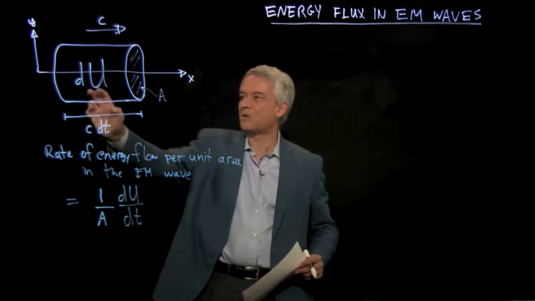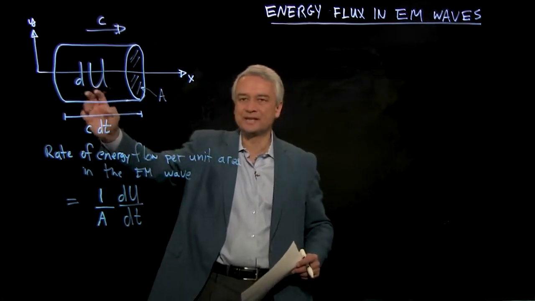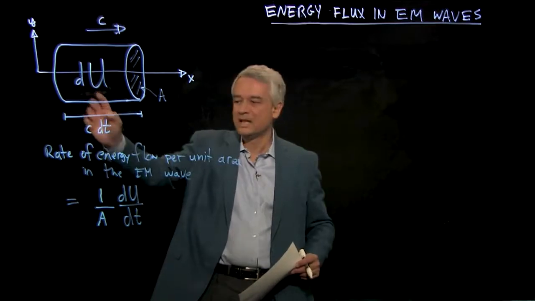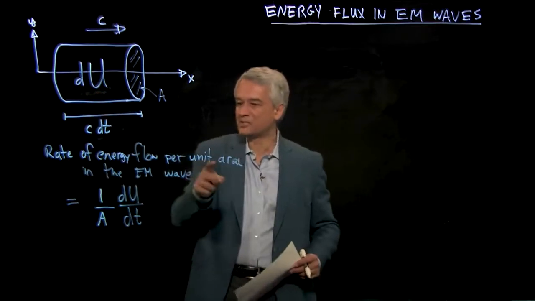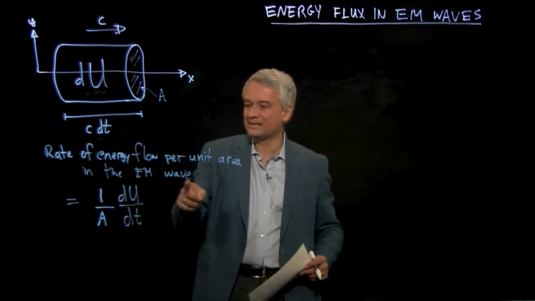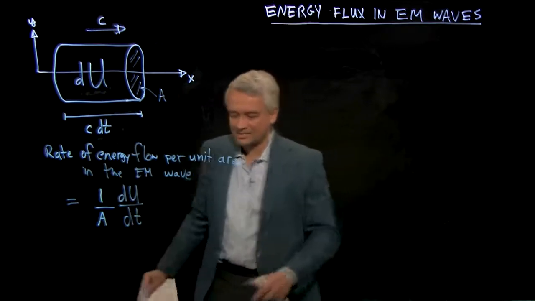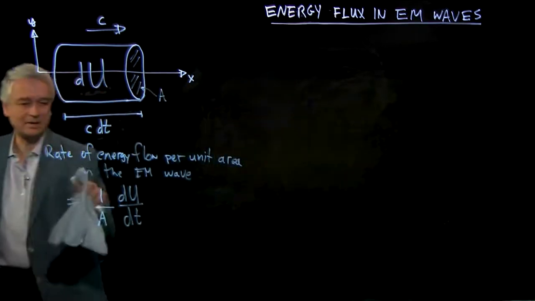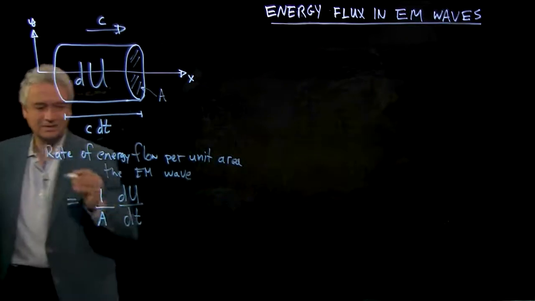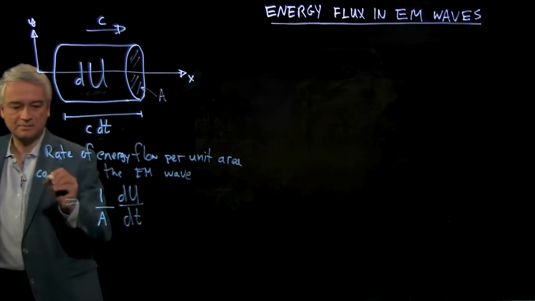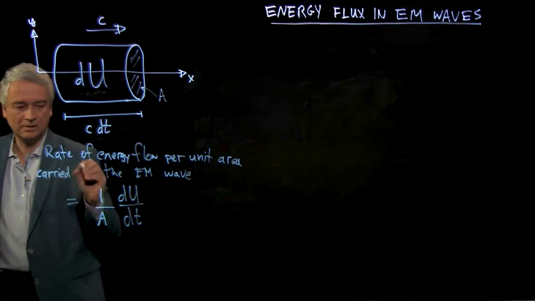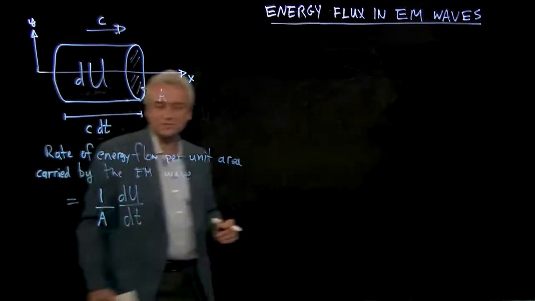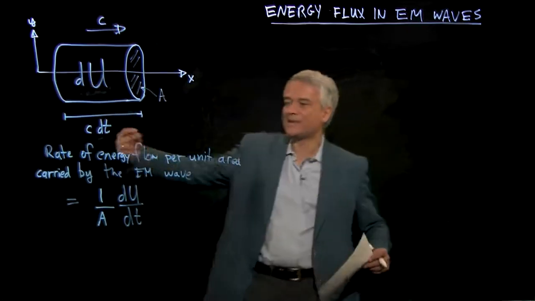So I need to figure out what this du is. How much energy is there in this cylinder? And then I'll have the answer. The rate of energy flow per unit area carried by the electromagnetic wave.